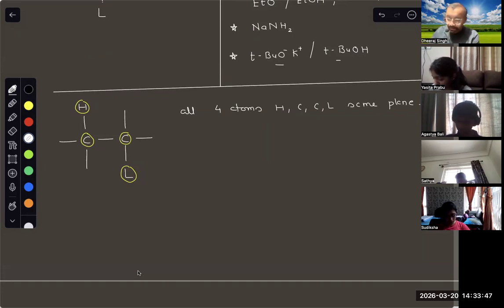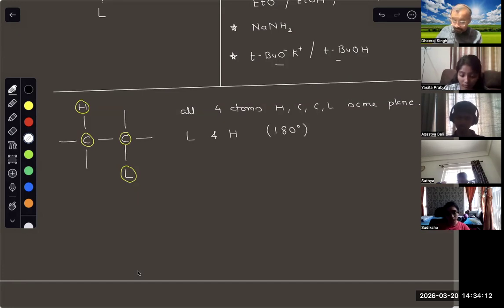Second is L and H. There could be many H. I'm talking about the hydrogen where the base will attack. That hydrogen and L, I'm telling you in a very crude way, should be 180 degrees away.